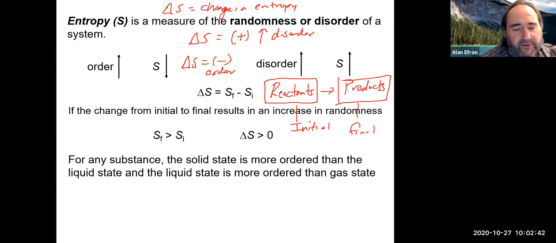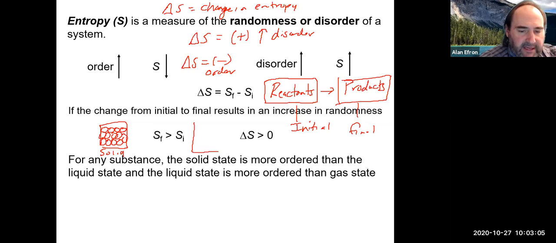Now, when we think about states for substances, we could relate it to entropy as well. If you just think about our three states, we have solid, where pretty much everybody's packed in pretty tight to each other. And that means that there's a lot of order happening in that sense.